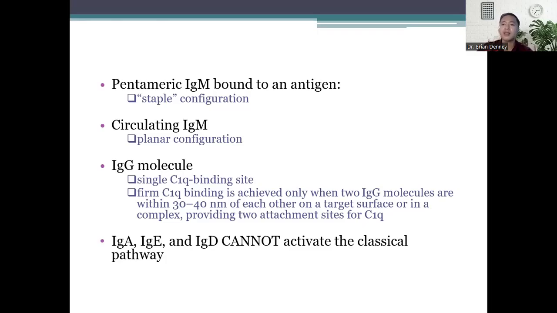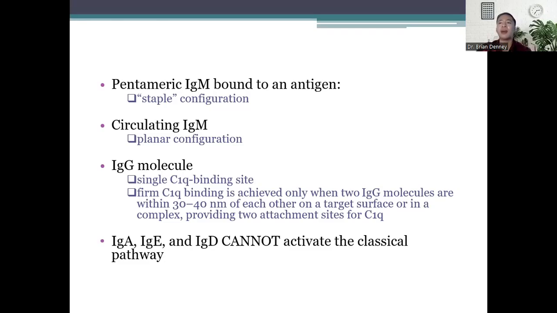So let's apply this. Question: which of these IgM configuration causes activation of the classical complement pathway? Is it A, staple, B, planar, C, both, D, none of the above? What's your answer? Answer is staple. Why staple? Because you need the antibody to be bound to the antigen, forming now antibody-antigen complexes.